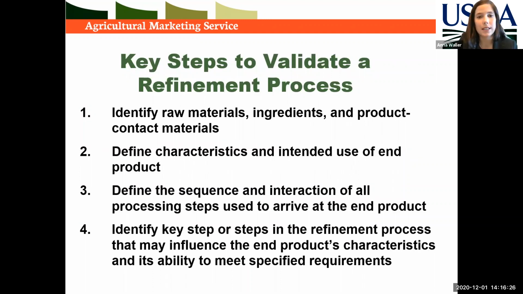Define characteristics and intended use of end product. 3. Define the sequence and interaction of all processing steps used to arrive at the end product. 4. Identify key step or steps in the refinement process that may influence the end product's characteristics and its ability to meet specified requirements.